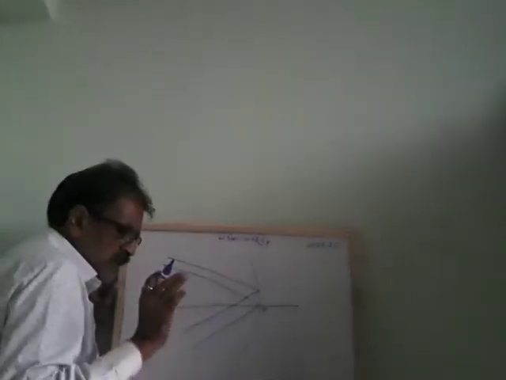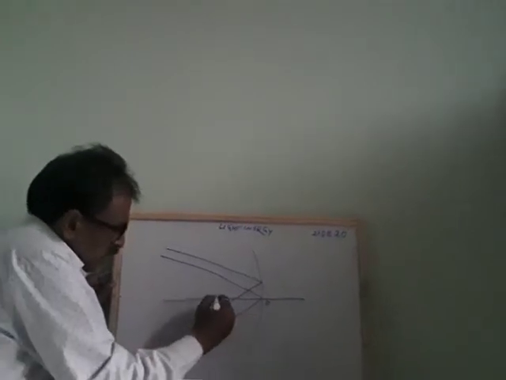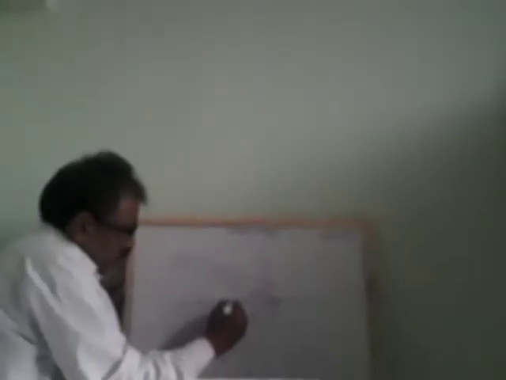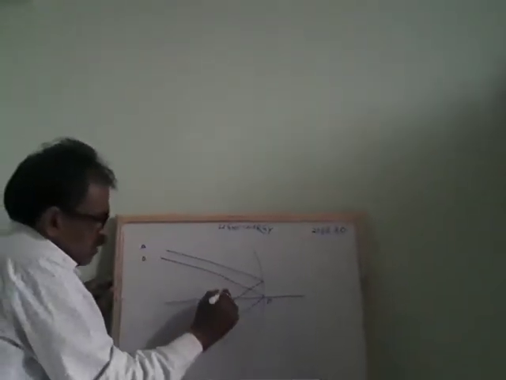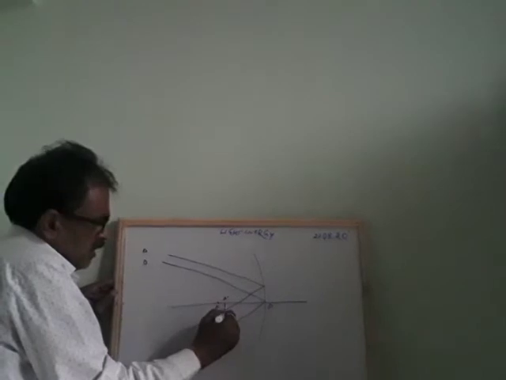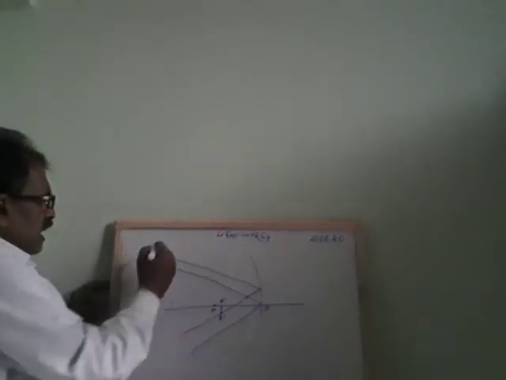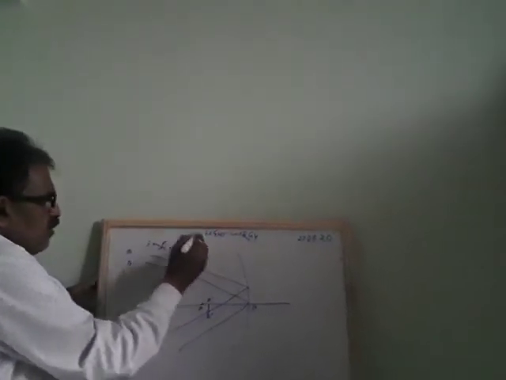So here the image is formed at this place, at the focal length. This is AB, so A dash B dash will be the object and image. That's why at infinity, what is the nature of the image?